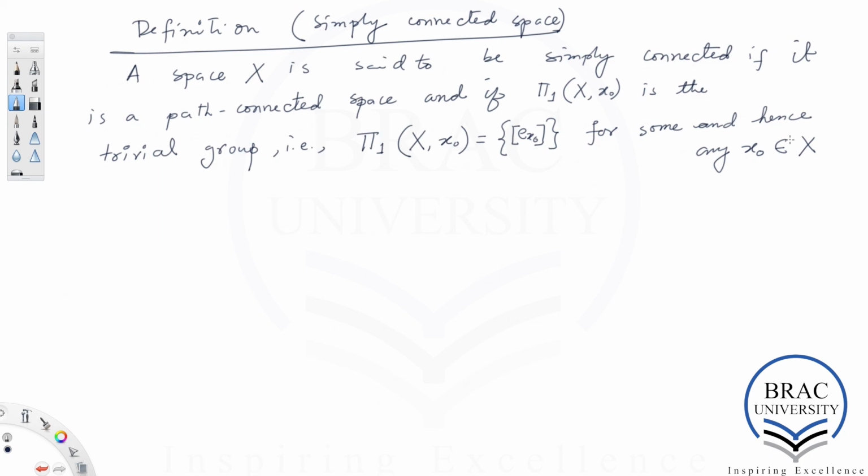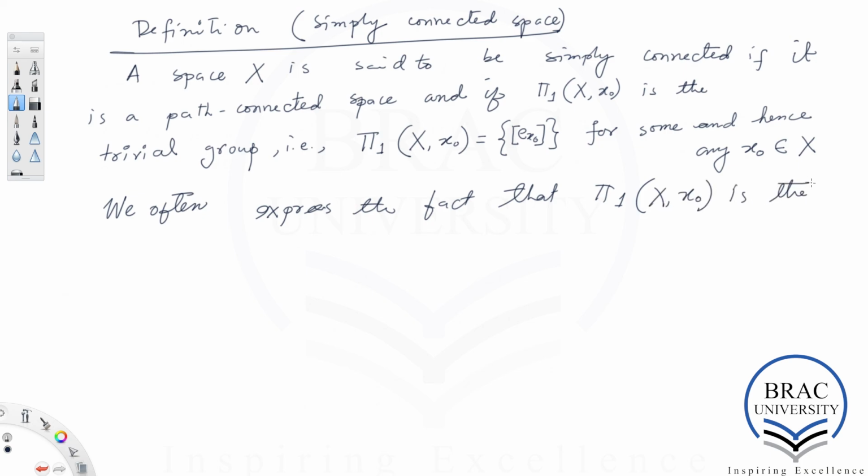Okay, so we often express the fact that pi 1 of X comma x0 is the trivial group by writing pi 1 of X comma x0 to be simply 0.